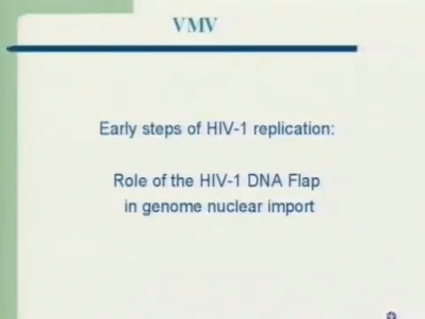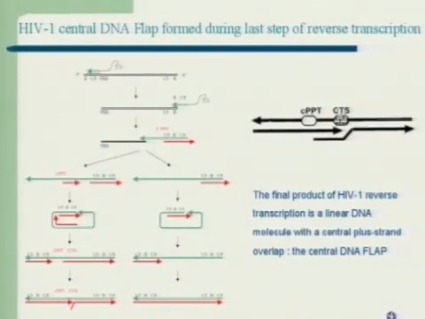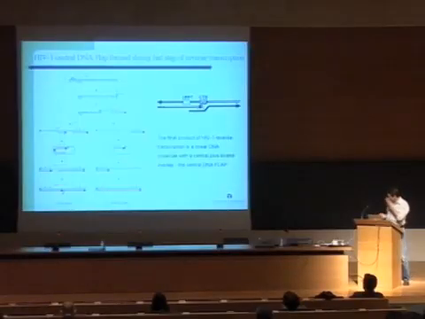So, first part, I will talk about the very intriguing mechanism implying a cis-active element, a DNA cis-active element on the linear DNA of HIV, in the mechanism of nuclear translocation. We showed previously that reverse transcription of lentiviruses differs from that of oncoviruses by two additional steps at the center of the genome. Normal, let's say simple, retroviruses go from RNA to double-stranded DNA, a classical double helix of linear DNA.